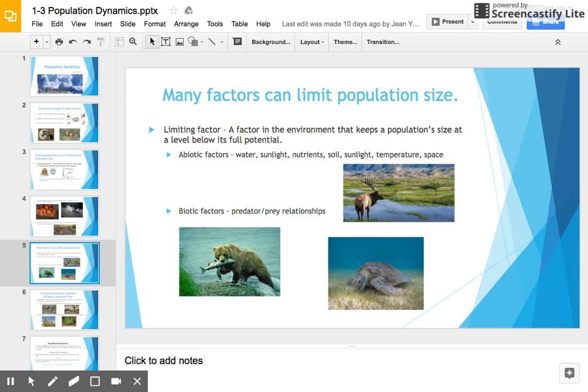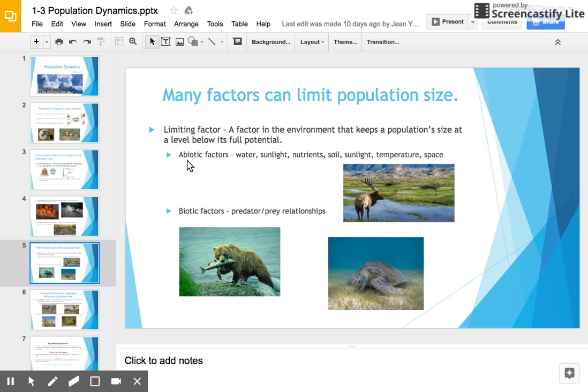A number of factors can limit the population size. A limiting factor is a scientific term that we use to describe any factor in the environment that keeps a population size at a level below its full potential. So that means, in theory, more organisms could live in that environment, but for some reason, there's something that's preventing that from happening.